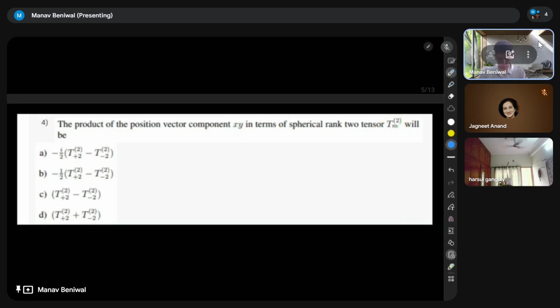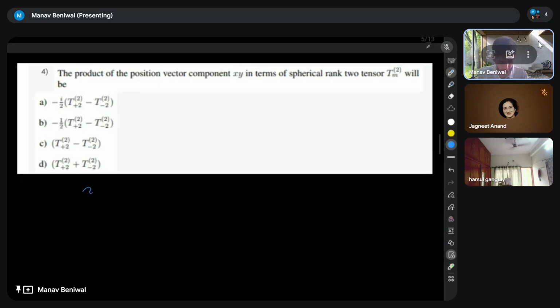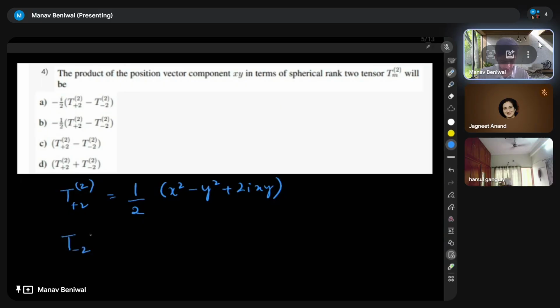So what do we know about these T m's? One equation that we know is that T plus 2 is given as 1 by 2 times x squared minus y squared plus 2 iota xy. And when m is minus 2, it is given as x squared minus y squared minus 2 iota xy.